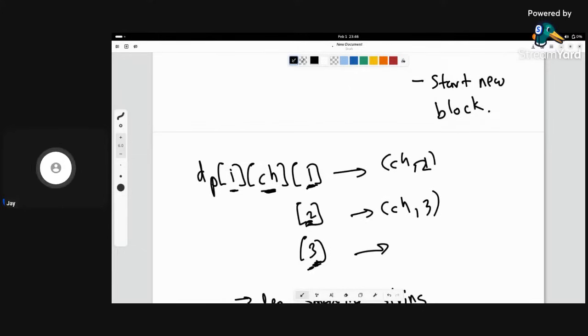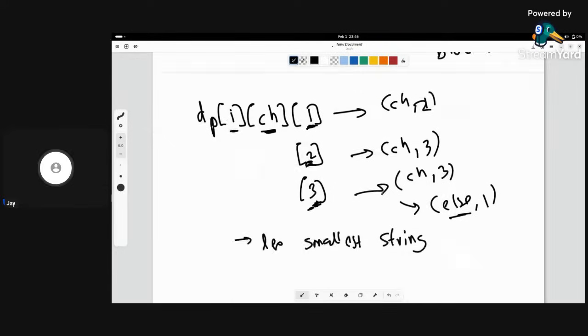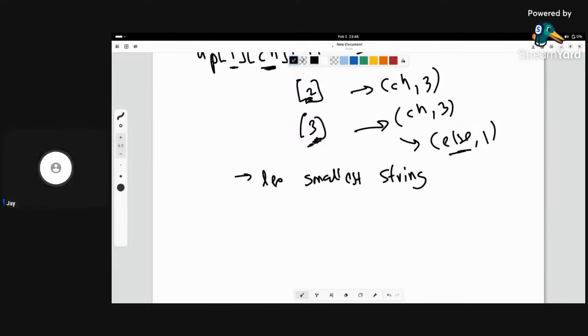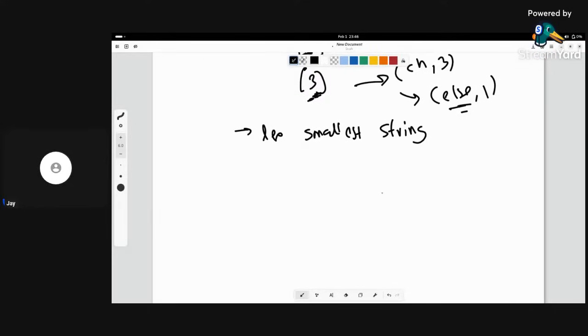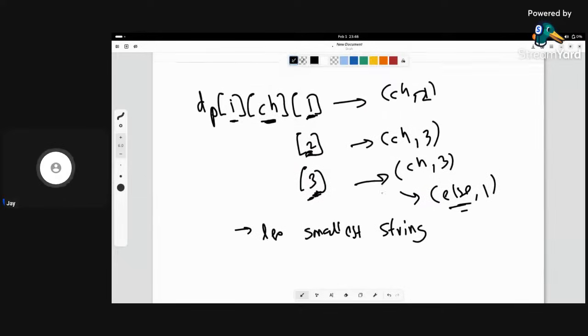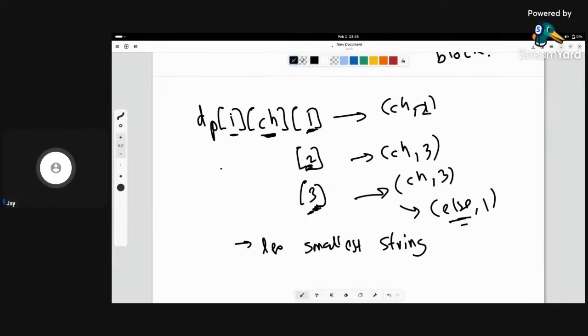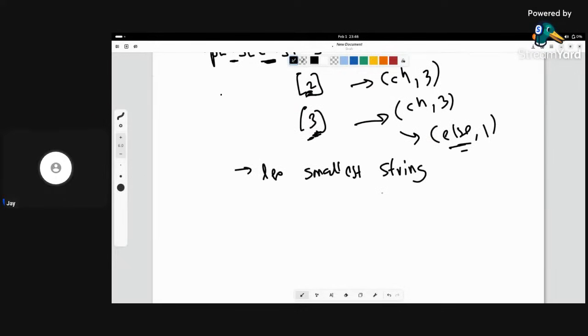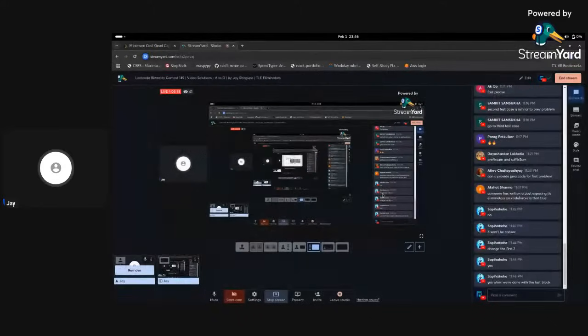And if a block has three or more characters, it either remains at 3 or more characters or something else, and the new block would have 1 character. Now we want a lexicographically smaller string, and we somehow can use this idea to generate this string. The question is, how do you do this?